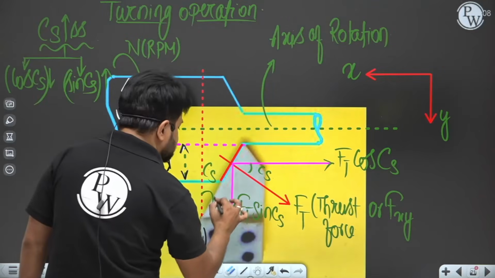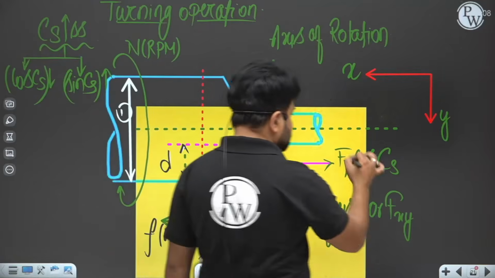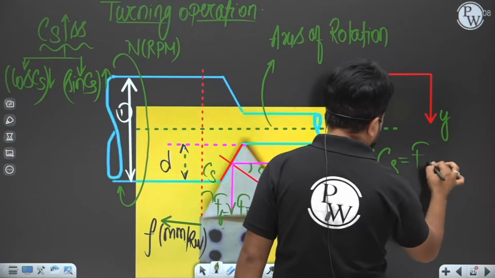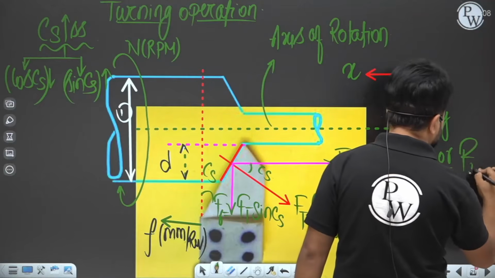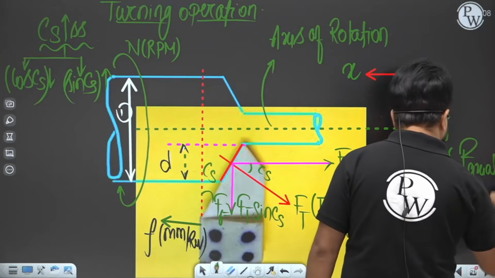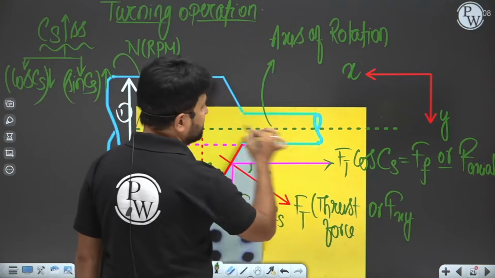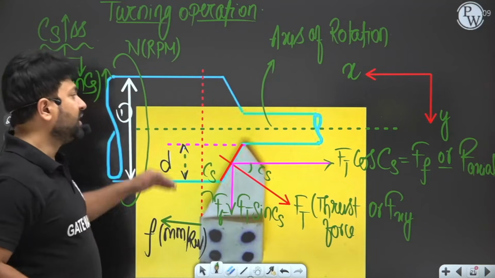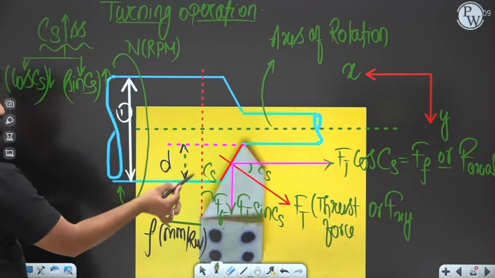So this force is known as the radial force, and Ft cos Cs is known as the feed force or axial force, because this component of thrust force is acting parallel to the axis of rotation.